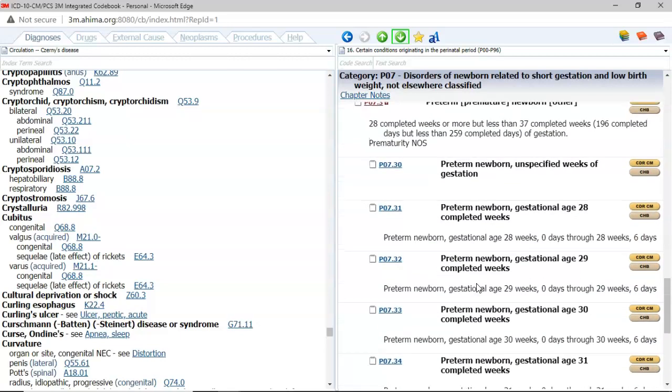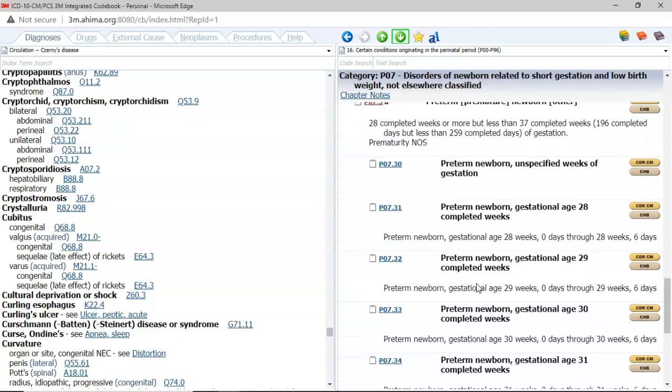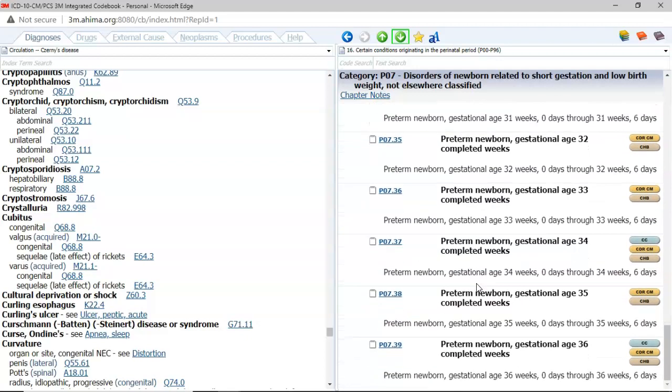Then we have preterm, premature, newborn other, and this is 28 completed weeks or more, but less than 37 completed weeks of gestation. So it's prematurity NOS. And you'll see that we then have codes specific to the various weeks of gestation.